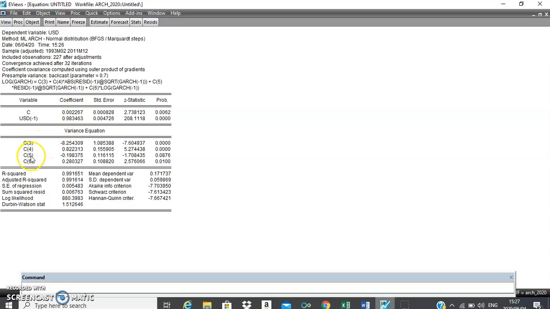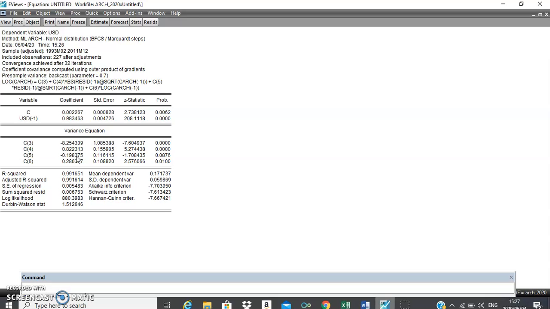Now, what we are seeing here is that, yes, the coefficient is different from 0, so there is a threshold effect. But there is a contrary result here. Why? Because this coefficient is less than 0, in other words, it's not greater than 0. The coefficient is negative 0.198.